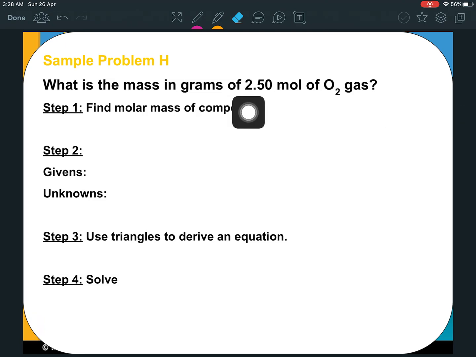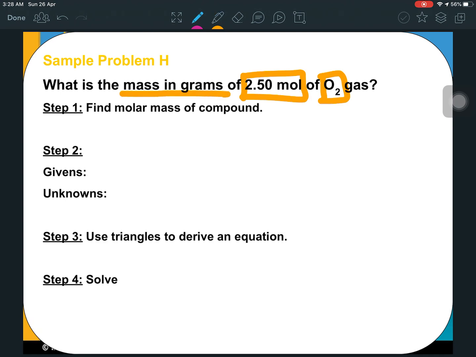What is the mass in grams of 2.50 moles of oxygen gas? Let's see my key information. I know my number of moles, I know that I'm talking about O2, and I know that I am looking for my mass. The first thing I need to do is find the molar mass of my compound.